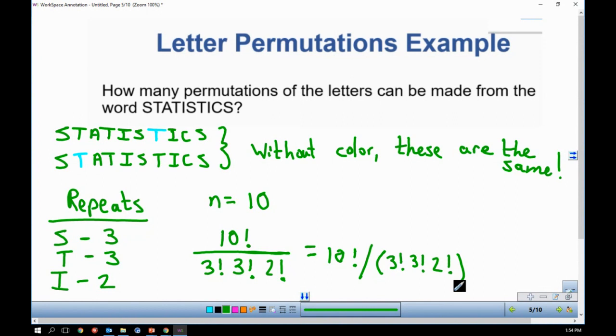Did anyone else get something other than 16,800? 50,400 sounds more like it. Let me try this.